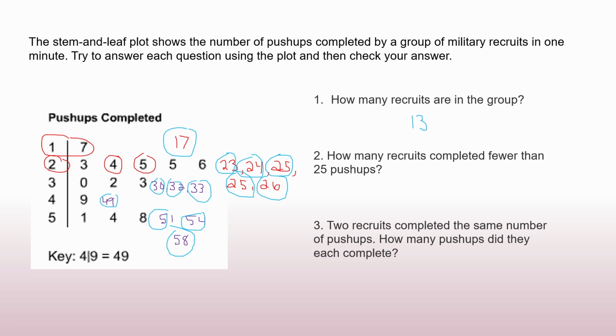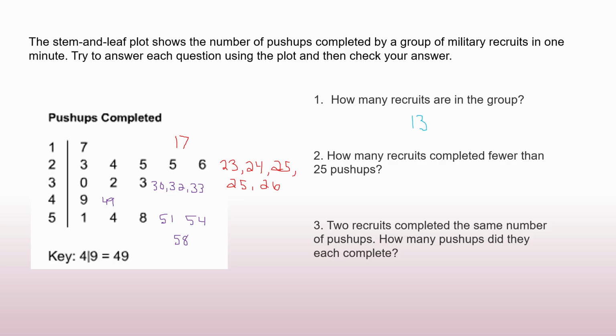Okay, so now let me clear off this so we have a cleaner space to look at for our next question. For number 2, it's asking us how many recruits completed fewer than 25 push-ups. So we're looking for the numbers that are less than 25.